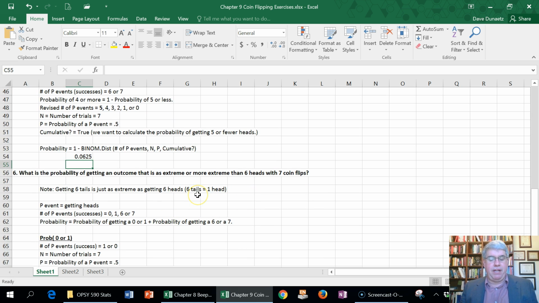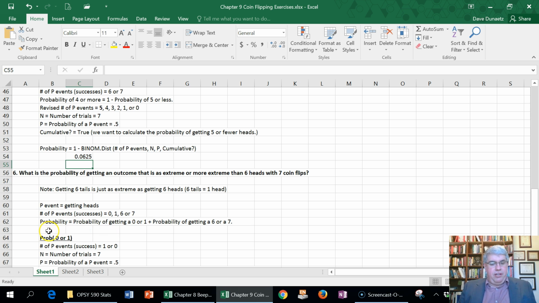And saying if we've got 7 coin flips, 6 tails is the same thing as getting 1 head. And that's what our P events are. We're framing everything in P events. So the number of P events that we want to know the probability of would be the probability of getting a 0 or 1, those are the extremes at one end, and getting a 6 or a 7, which are the extremes on the other end.